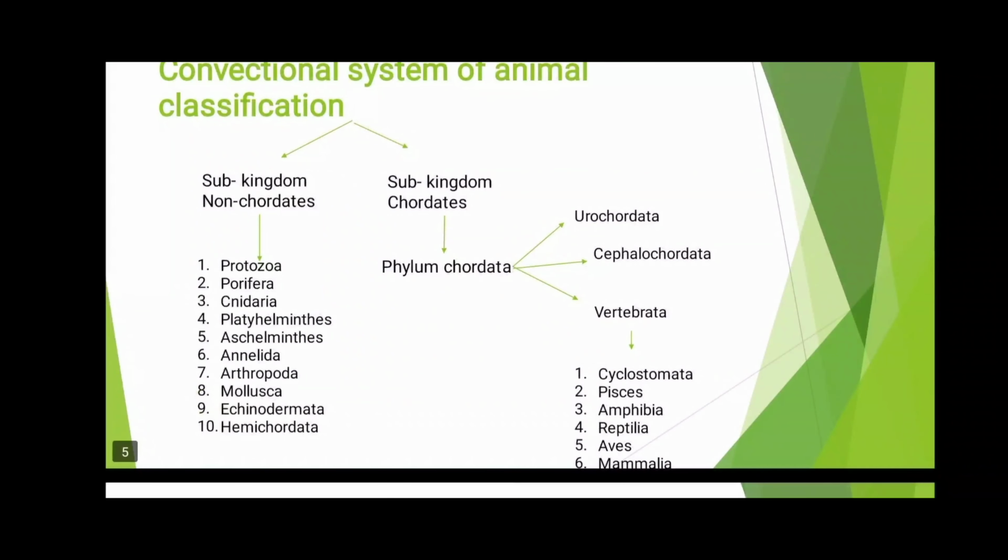Now the next phylum is Cnidaria. Their body is cylindrical or umbrella-like. The cylindrical shape of body is called polyp, and the umbrella-like form is termed medusa.